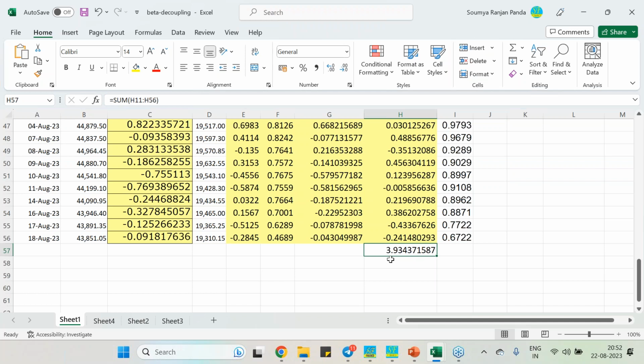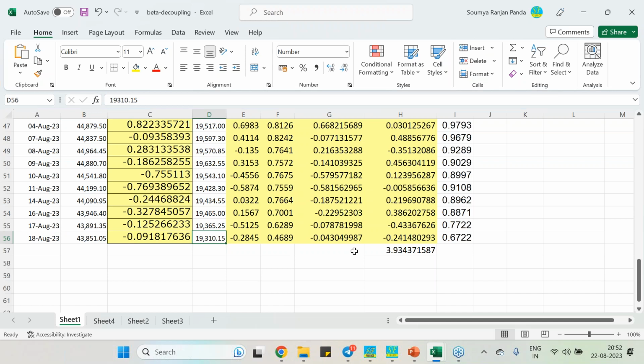This trade is going to become successful. Buying Bank Nifty, selling Nifty is going to give you success because it has 3.93 beta decoupling. You have planted the correct seed. You have taken a correct decision to enter this trade of buying Bank Nifty, selling Nifty.